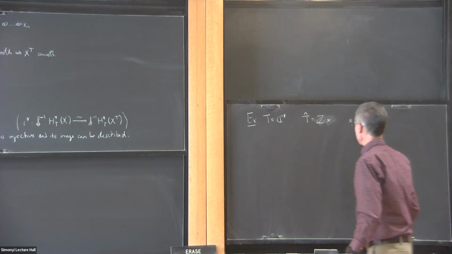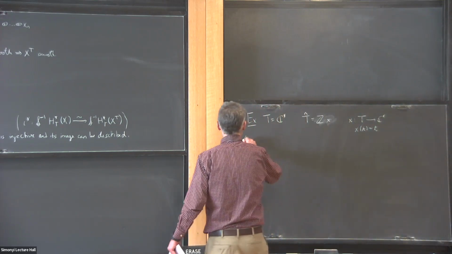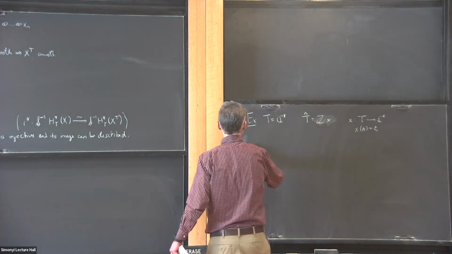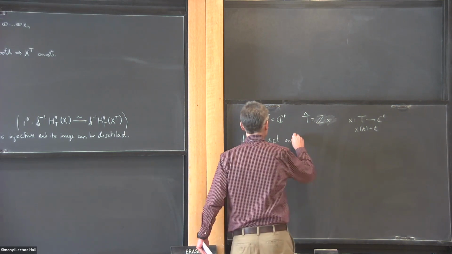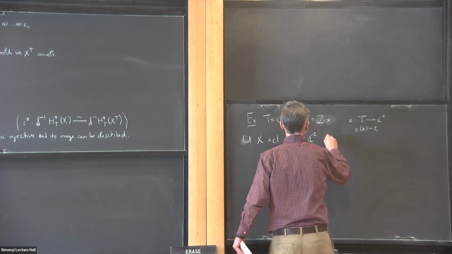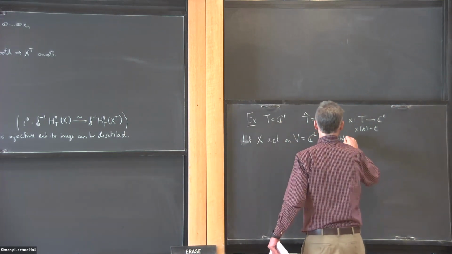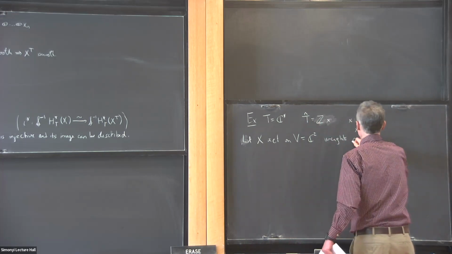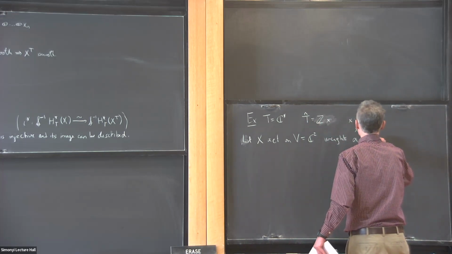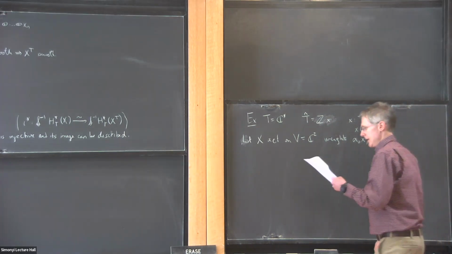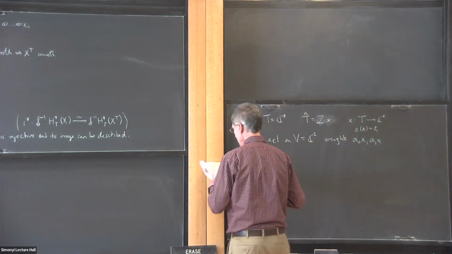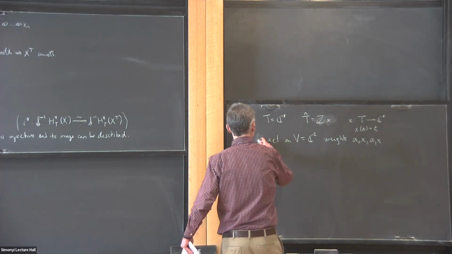Okay. So let T act on V equals C2 with weights. The weights should be multiples of x. I'll call them a naught x and a1 x.